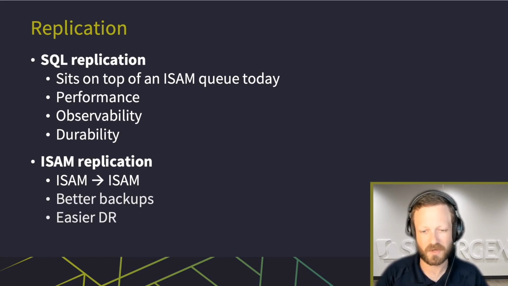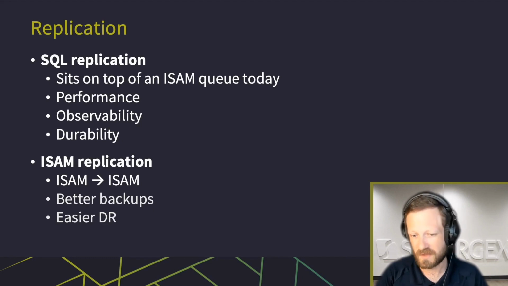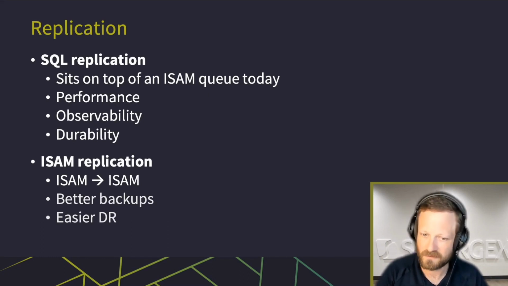You can just pause the replicator and run your backups, and you'll have nice, good, clean ISAM files. And it's also a lot easier for disaster recovery because you always have a second copy somewhere else of all of your ISAM files, and you can make them transactionally consistent, and they will definitely be ISAM file consistent.